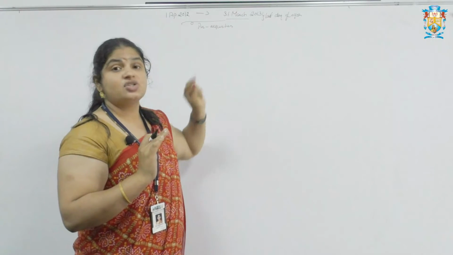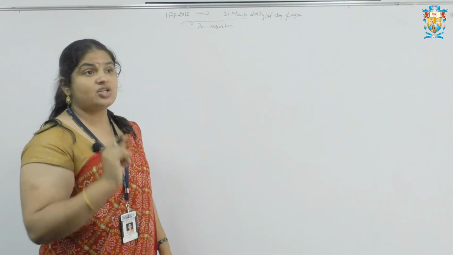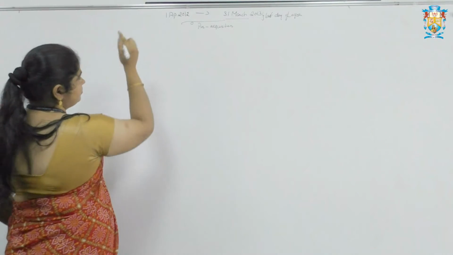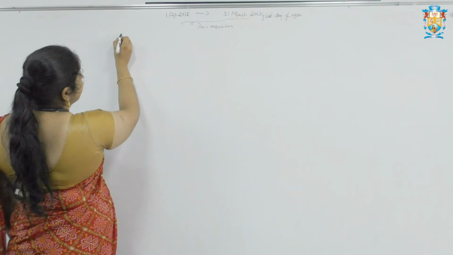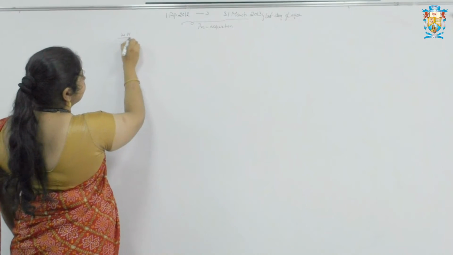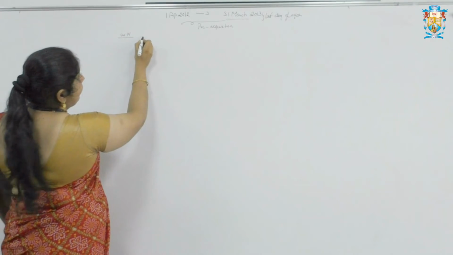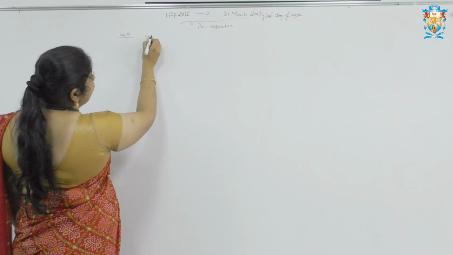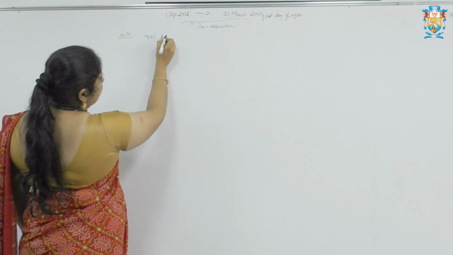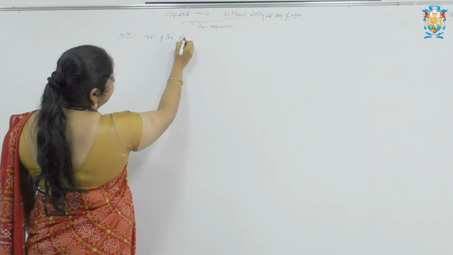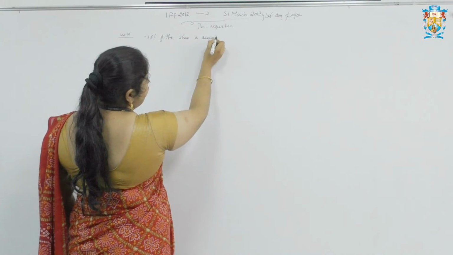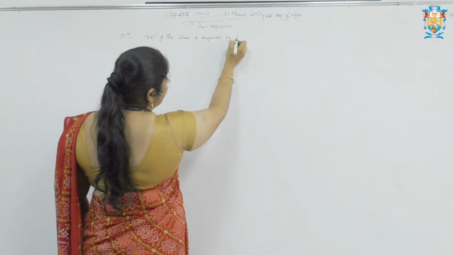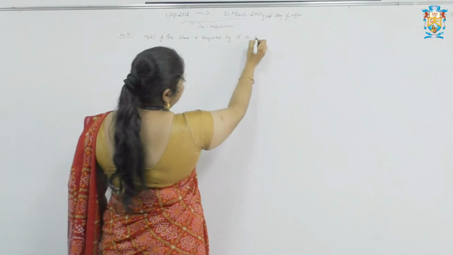So next let us go for the calculation part. First let us do the working note. 75% of the shares are acquired by H Company Limited.